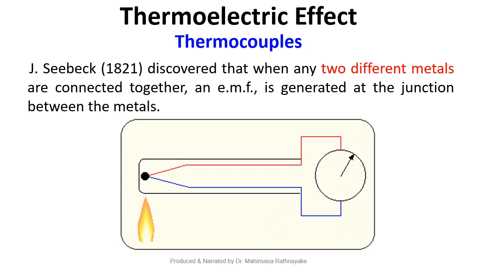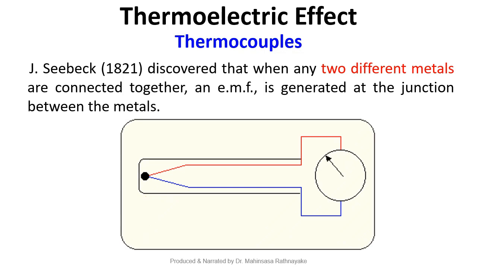As shown in the figure, there is a junction. You can see there is one metal strip in red color and the other one is in blue color, and an electromotive force is generated at the junction that can be observed by a voltmeter or an ammeter.